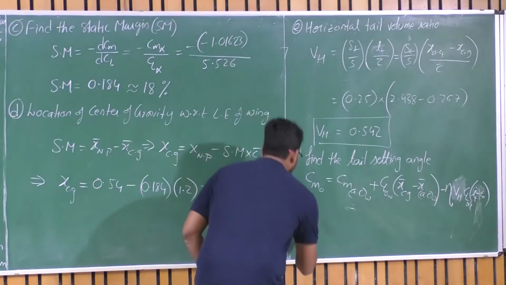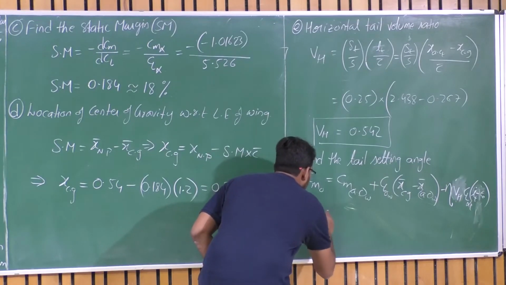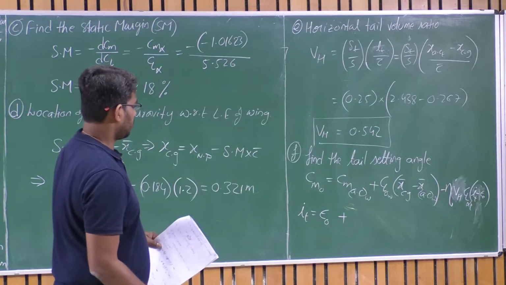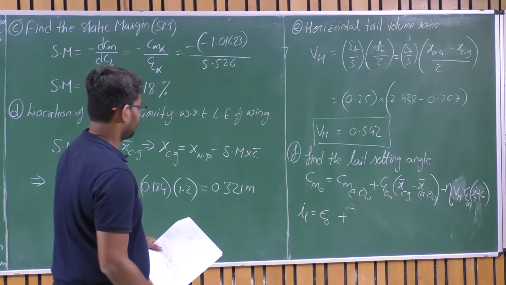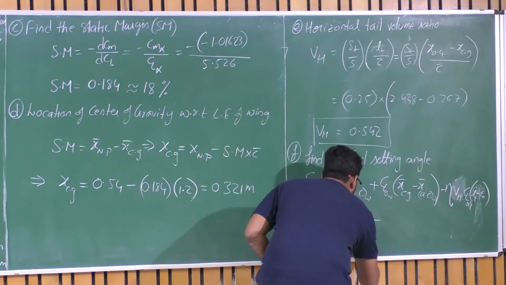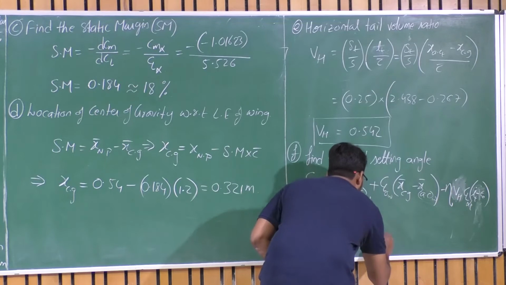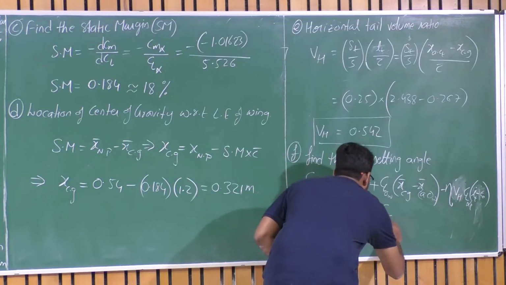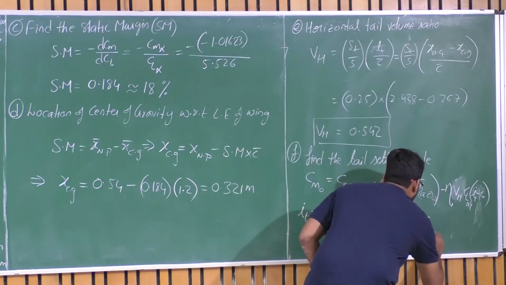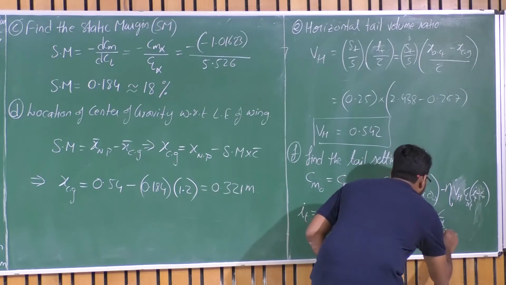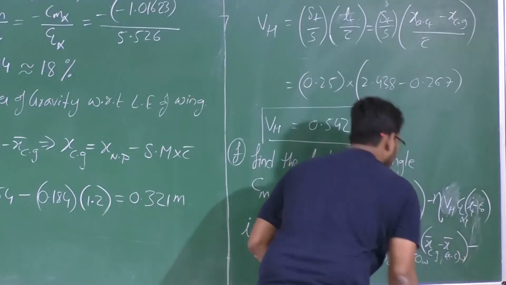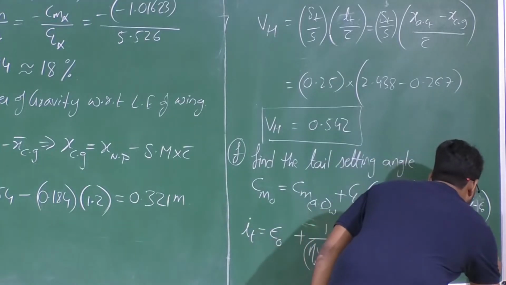So from here I can say IT is equal to epsilon naught plus 1 upon eta tail volume ratio CL alpha of tail, multiplied by CM AC of wing plus CL naught of wing times X bar CG minus X bar AC of wing, minus CM naught of the entire aircraft.